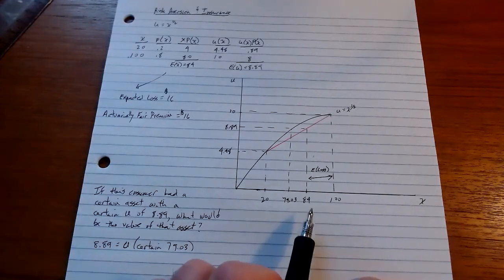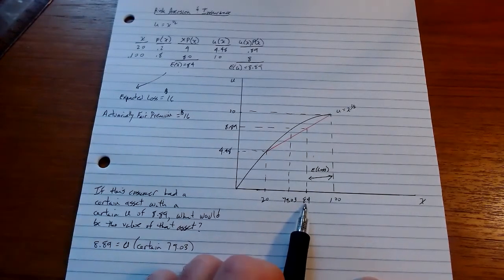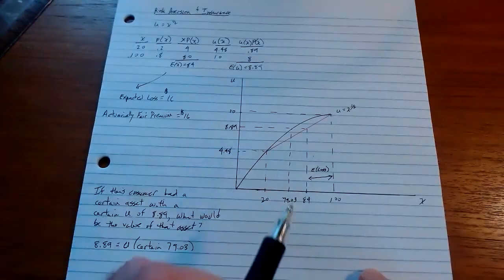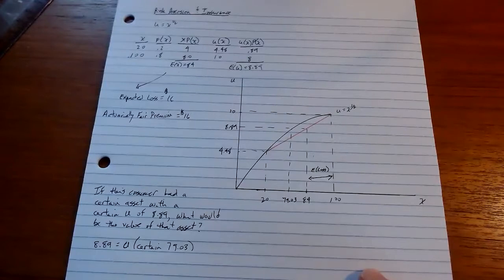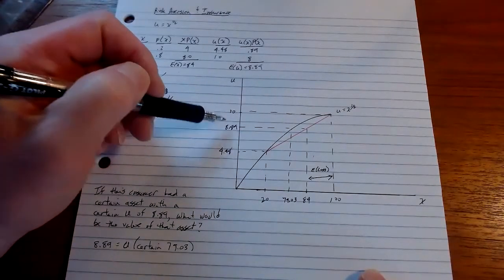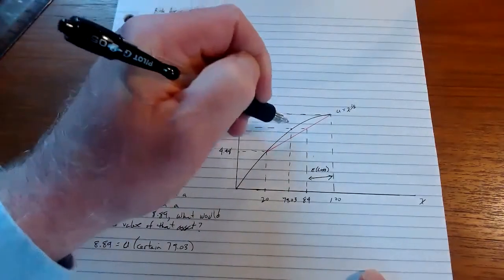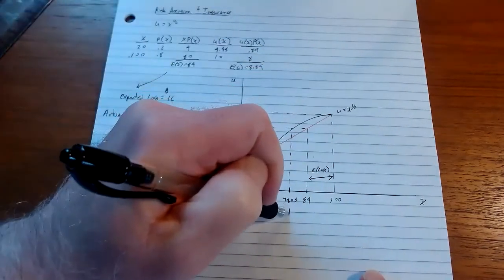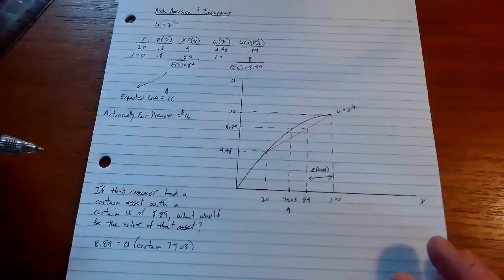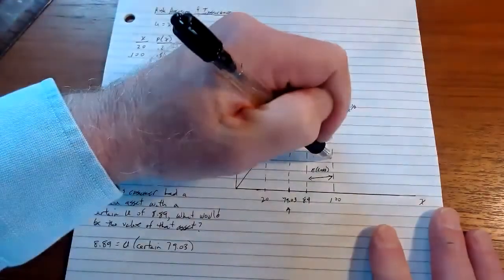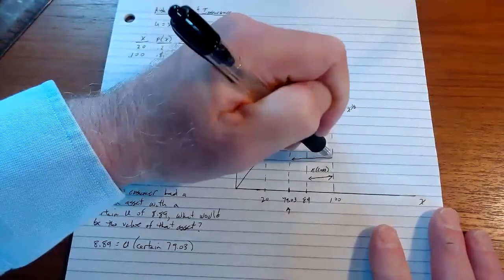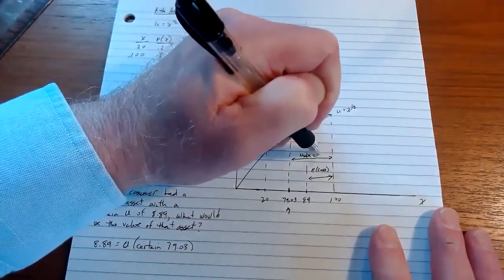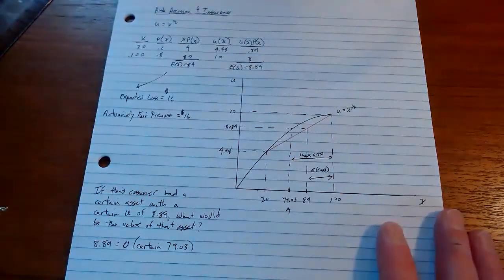For the consumer, this asset with an expected value of $84 gives them an expected utility of 8.89. With an expected utility of 8.89, they'd be fine having an asset with a certain value of $79.03. And so this distance is the consumer's maximum willingness to pay for insurance.